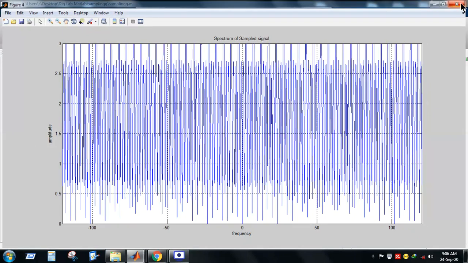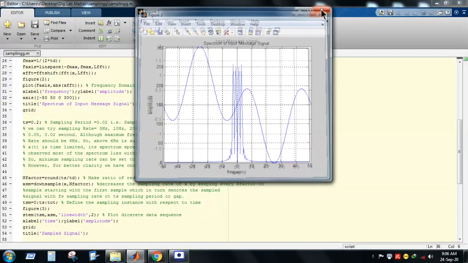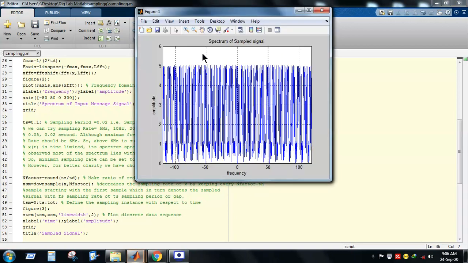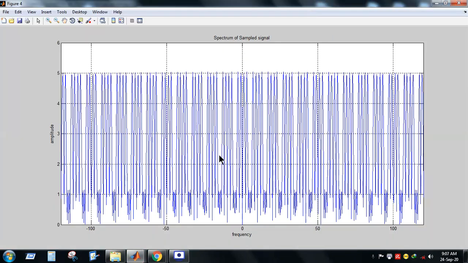Okay, so let's try another. Suppose Ts equal to 0.1, corresponding to the 10 hertz sampling rate. That means higher than the previous value. So here you can see the spectra are distinguishable, but still they are overlapping with each other.